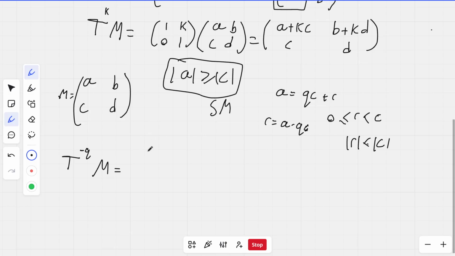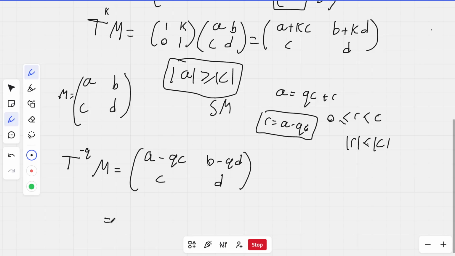So we're going to get A minus QC, B minus QD, C and D. Notice that A minus QC is just R. So this is R, B minus QD, C, and D.